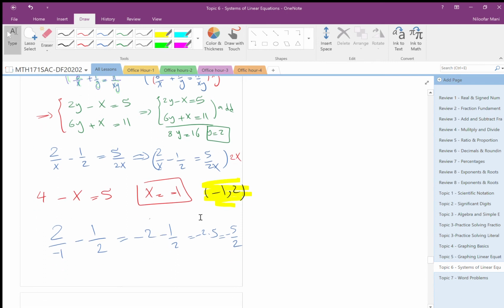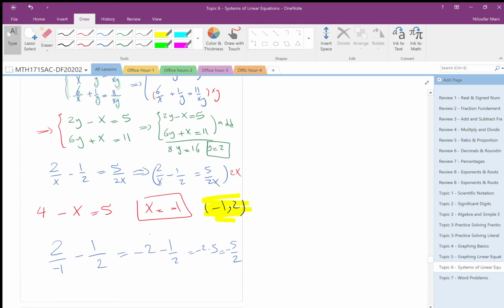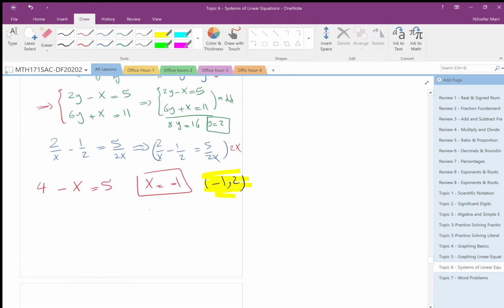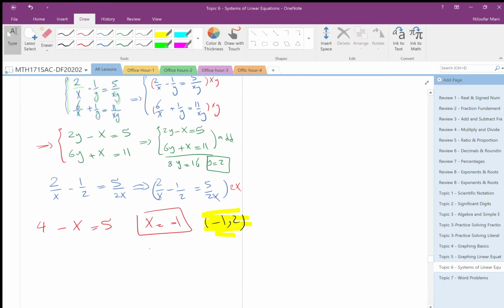I write it smaller. It's exactly the same as 5 over minus 1 times 2. So the left side equals the right side.